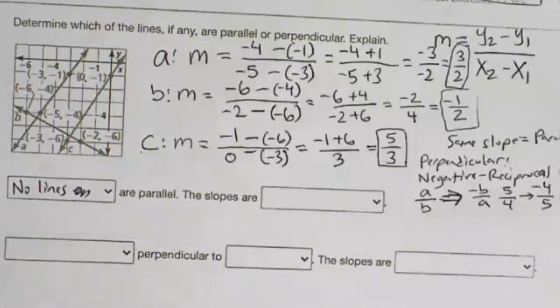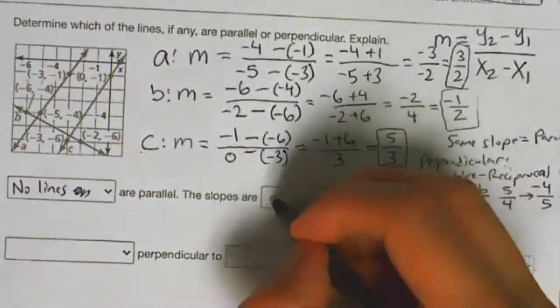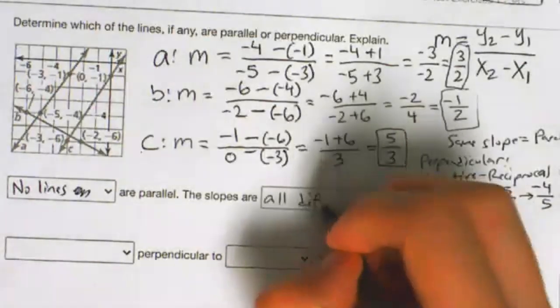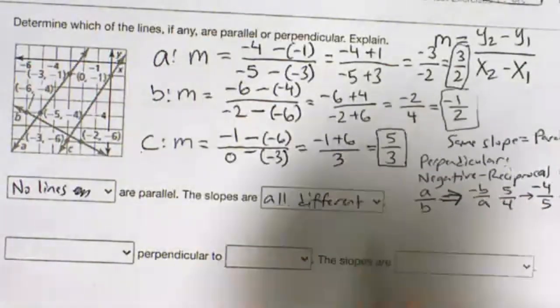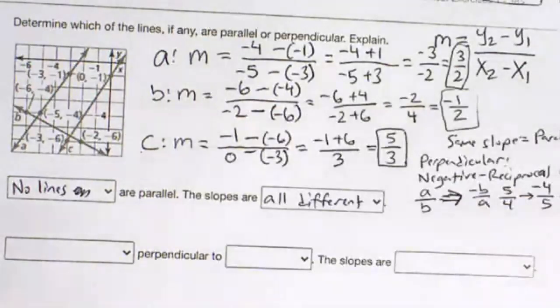Now in Big Ideas, the word that's actually used in the drop-down menu is none, meaning none of the lines are parallel. And the way it's described on Big Ideas is the slopes are all different. If there were parallel lines, you'd be able to select like A and B are parallel, or A and C, or B and C, or all of them are parallel, you would say the slopes are the same.